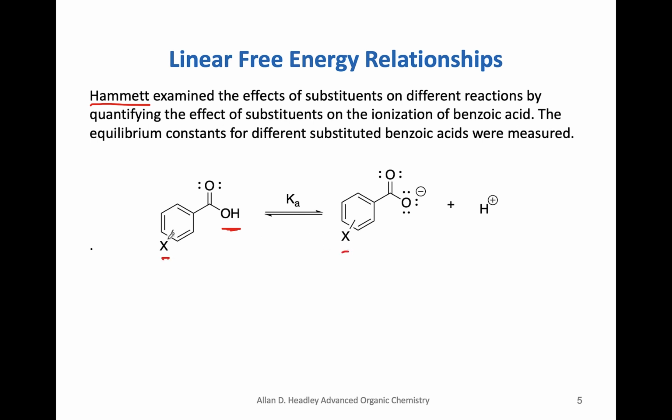So for example, H would be benzoic acid. Then he would put a methoxy group back here and measure that equilibrium constant, and a nitro group, measure that equilibrium constant. This is Keq this time, the equilibrium constant, and of course different substituents back here and determine the equilibrium constants. So what he had is a bunch of equilibrium constants for different substituted benzoic acids.